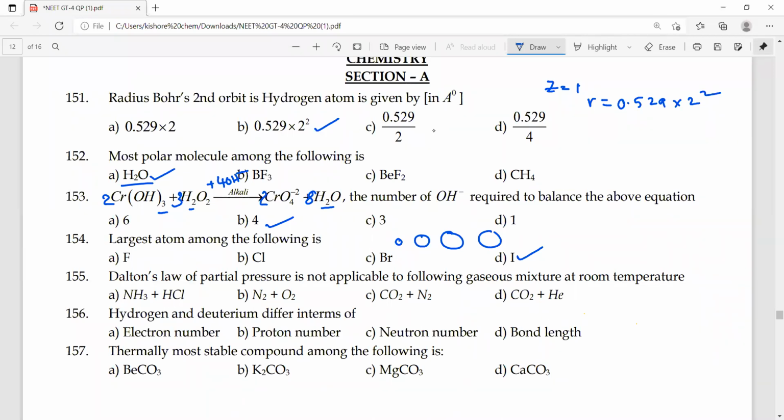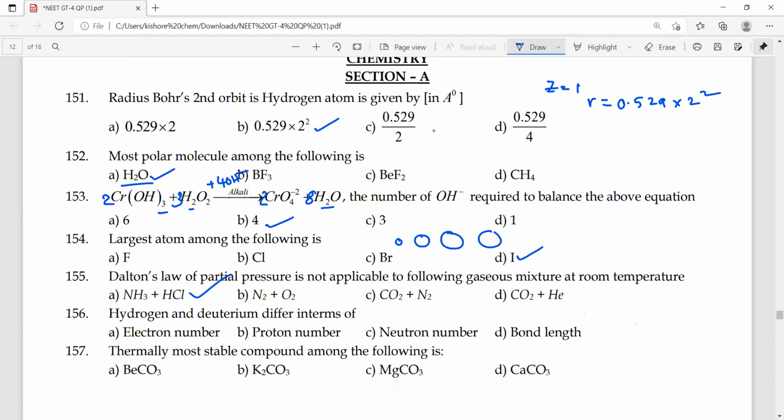So that's why Dalton's law is not applicable for NH3 plus HCl mixture. Dalton's law is not applicable for which one? Reacting gases mixture. The reacting gases mixture is NH3 plus HCl.